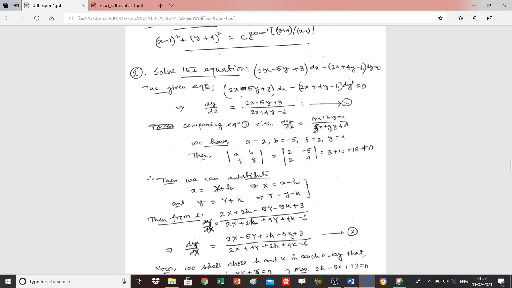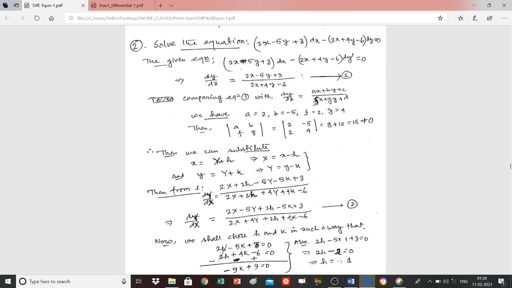Another example is here. Here you have to solve this equation (2x minus 5y plus 3) dx minus (2x plus 4y minus 6) dy is equal to 0. It is not very difficult to understand that this is a non-homogeneous equation. So you need to first reduce it into a homogeneous equation. Write this equation as dy by dx is equal to (2x minus 5y plus 3) by (2x plus 4y minus 6).